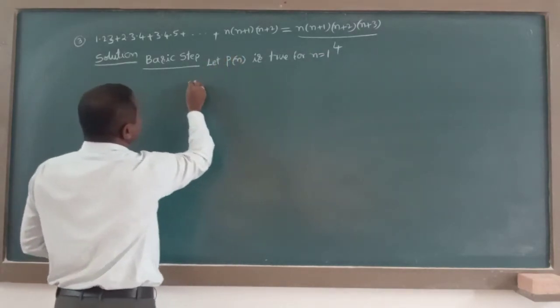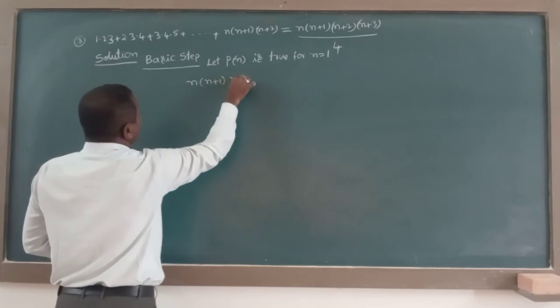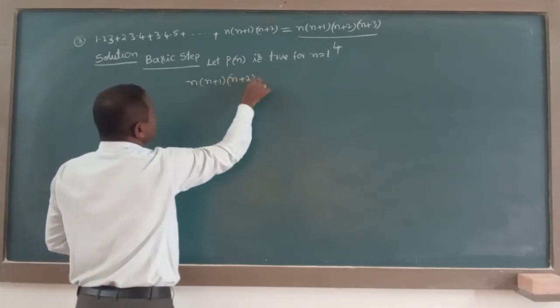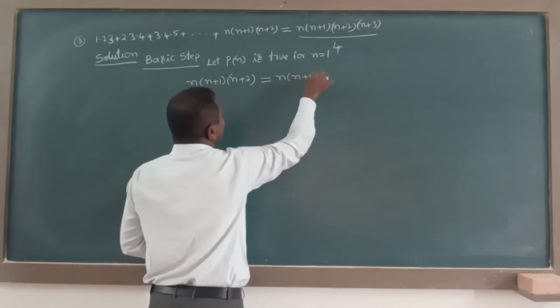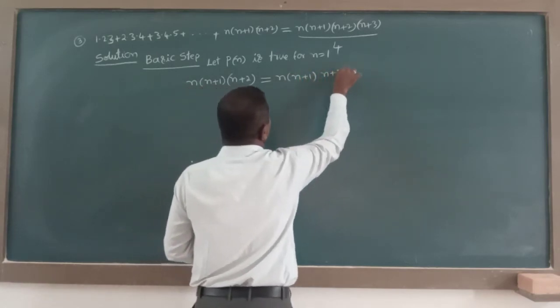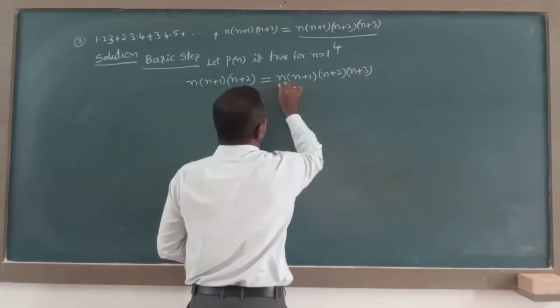The statement is 1 into 2 into 3 plus and so on, n into n plus 1 into n plus 2 is equal to n into n plus 1 into n plus 2 into n plus 3 whole divided by 4.